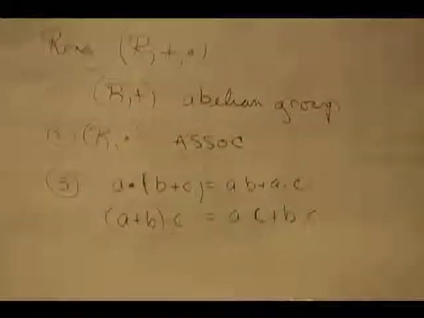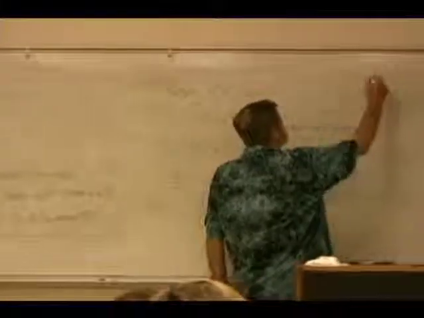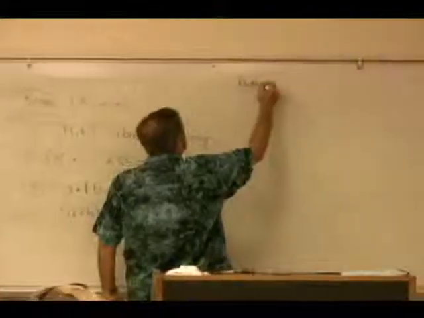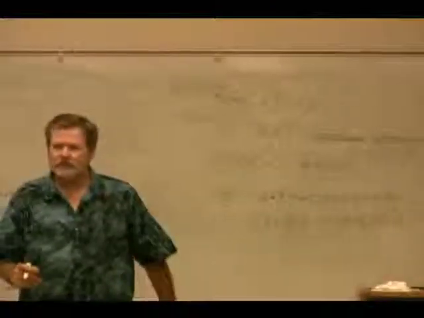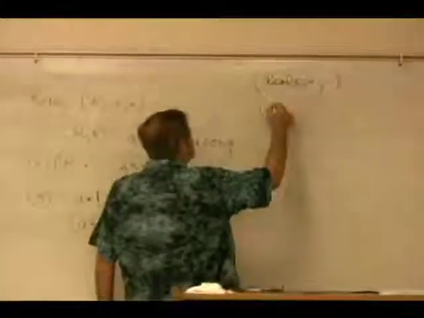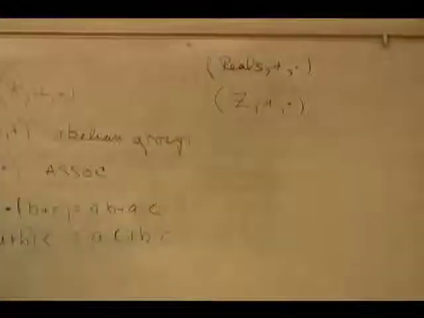Examples of rings that we know. The reals, with usual addition and usual multiplication, form a ring. What else? The integers, under addition and multiplication, form a ring.